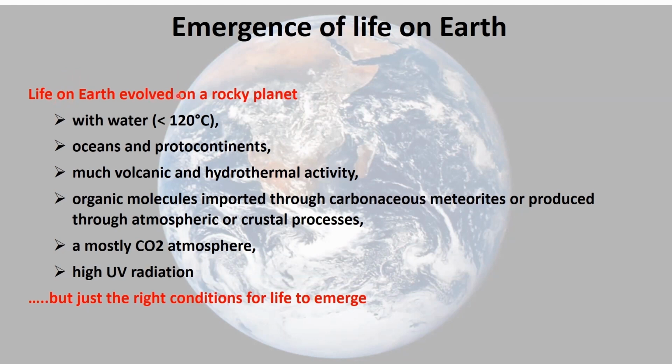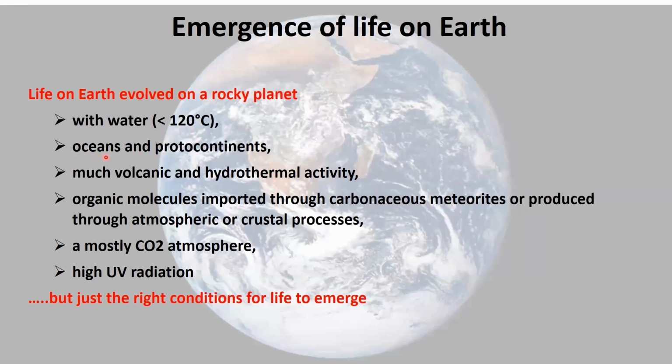Life emerged on a rocky planet. The rocky planet is very important. It emerged on a planet where there were water bodies with a suitable temperature for the molecules to get together and do their business, where the prebiotic reactions could take place at temperatures, let's say, of less than 120 degrees centigrade.